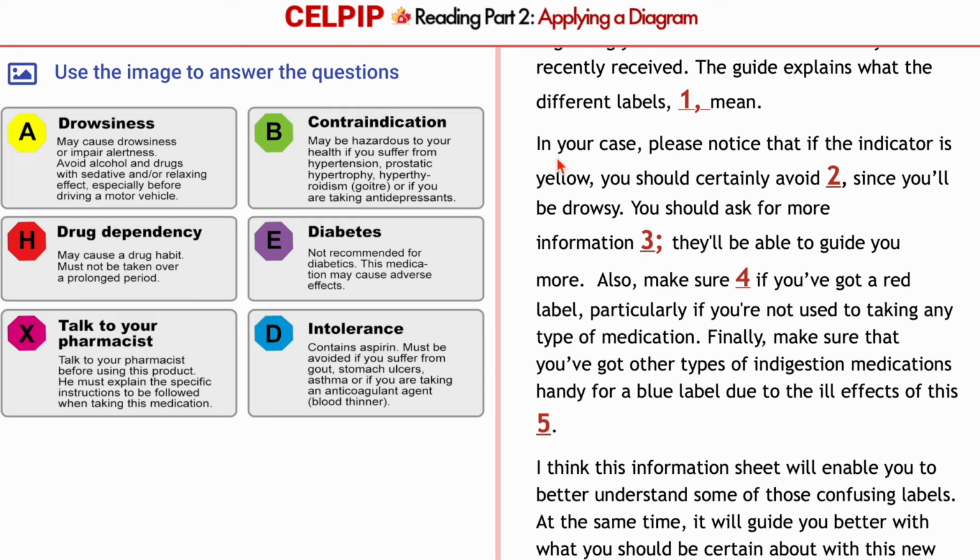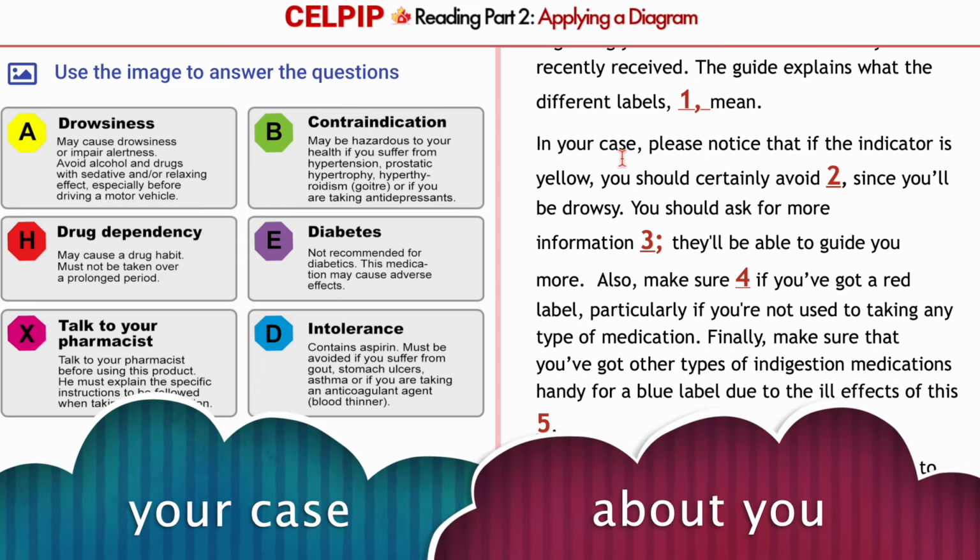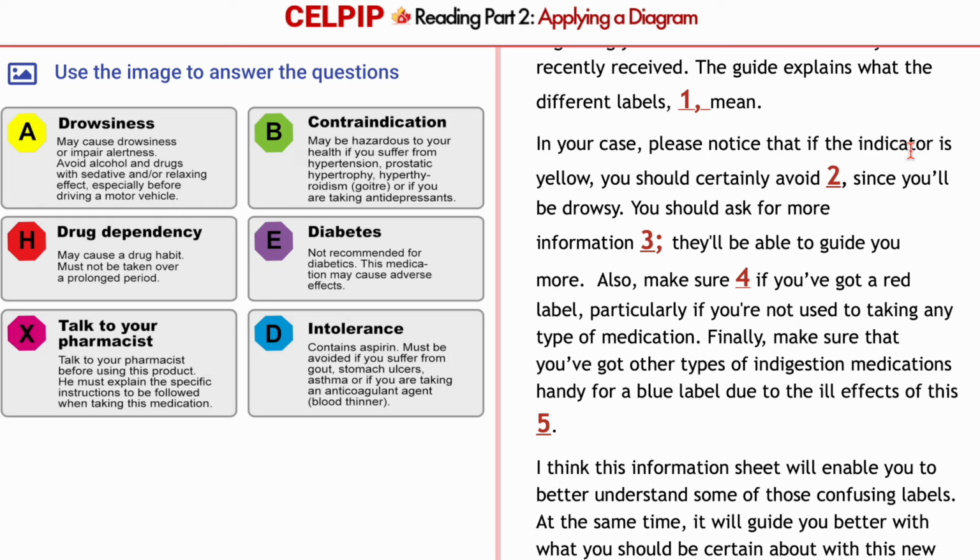In your case, please notice that if the indicator is yellow, so yellow over here, you should certainly avoid, try not to do, since you'll be drowsy. Well, let's read what the yellow one says here. Drowsiness.